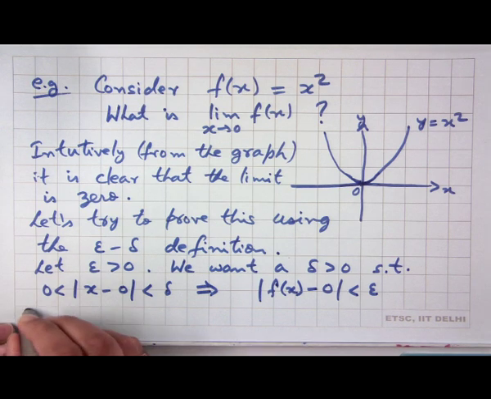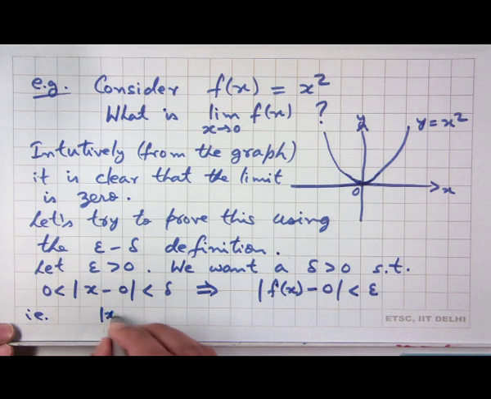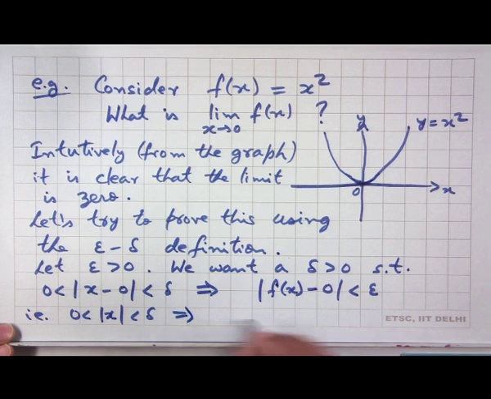That is, if mod x is less than delta and greater than 0, this should imply that mod of x square is less than epsilon.